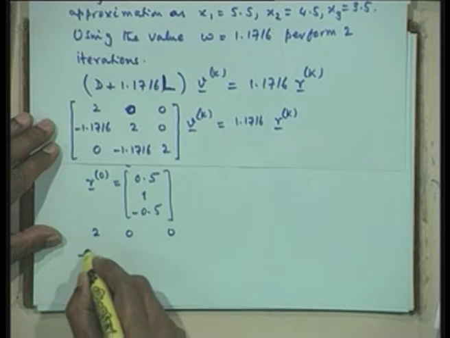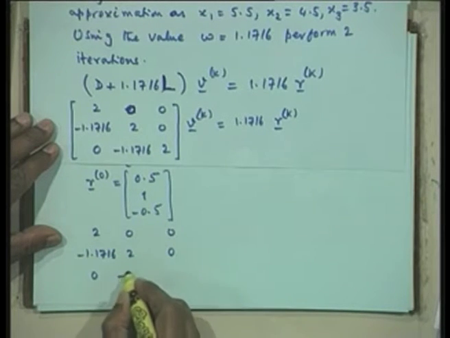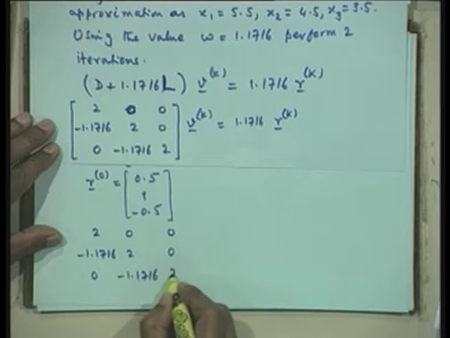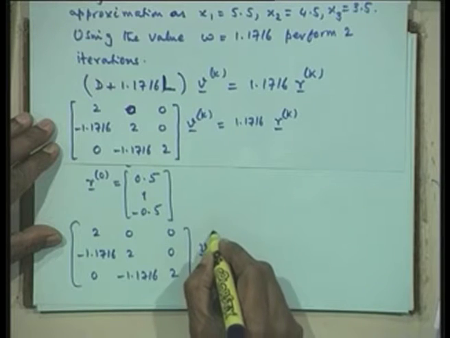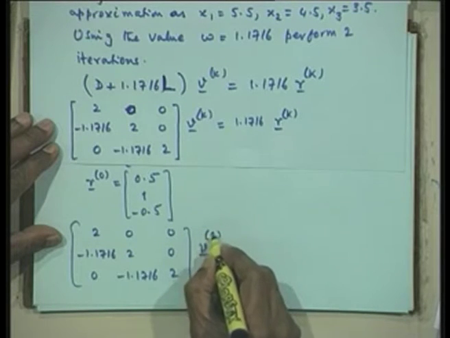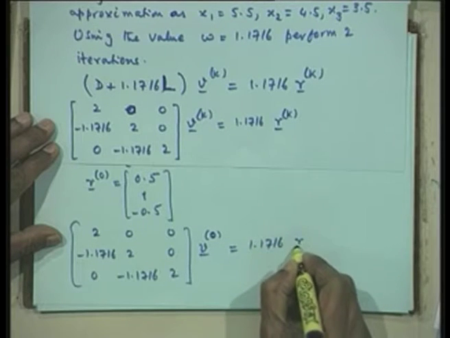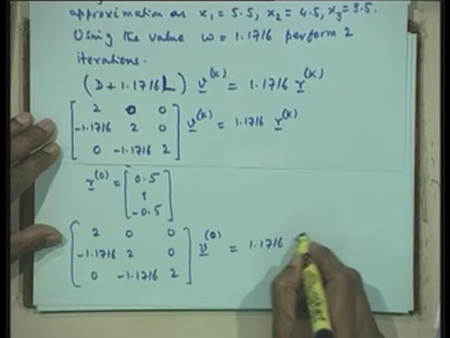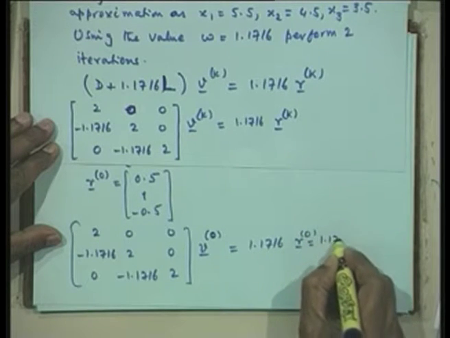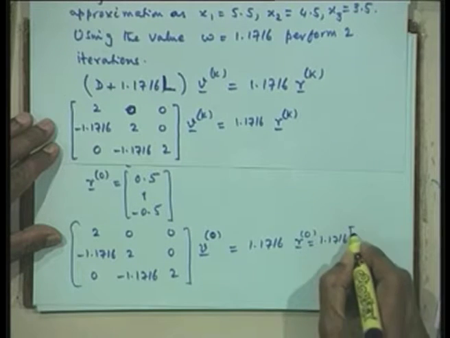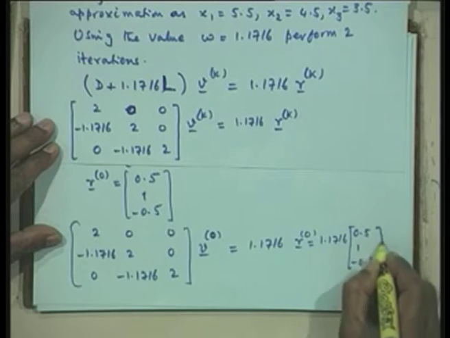2 0 0, minus 1.1716 2 0, 0 minus 1.1716 2, and V0 is equal to 1.1716 R0. R0 is, let us put, 1.1716 into 0.5, 1, minus 0.5.